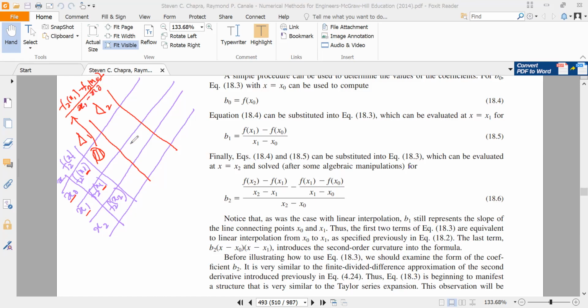Yes, sir. Then we are using these two to calculate it. Now our next entry here will be equal to what? We have to use these two to calculate the derivative, isn't it? In this case, your derivative would be equal to f(x2) minus f(x1) divided by x2 minus x1, isn't it? Yes, sir.